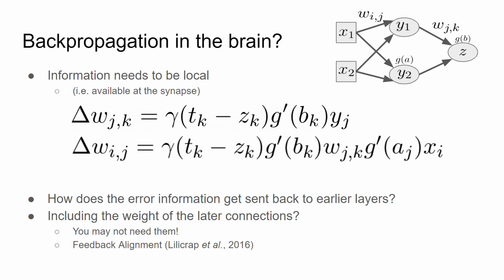Maybe you can do something close to backprop, and that might be what the brain is doing. This particular algorithm, as defined here, is the ideal optimal algorithm if you've got full access to all the information. Brains might not have that access. This particular connection is not going to have access to this weight here, and so maybe it has to do something slightly different.